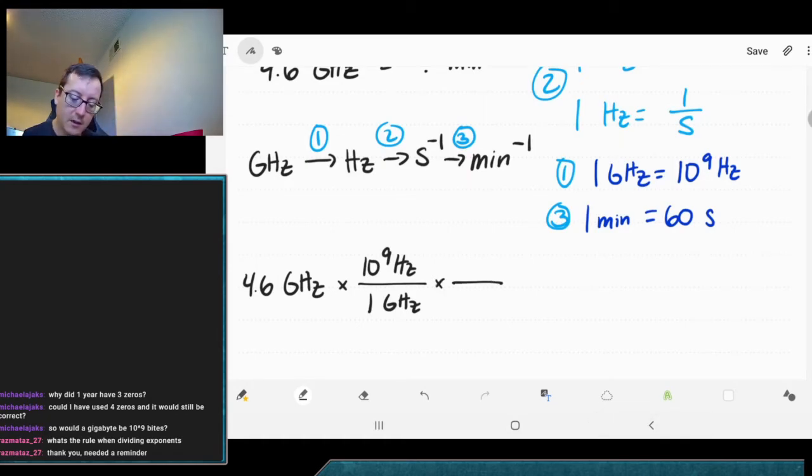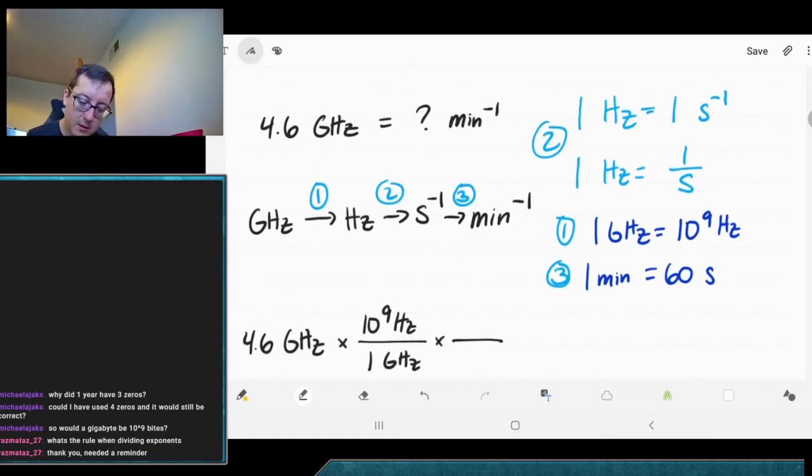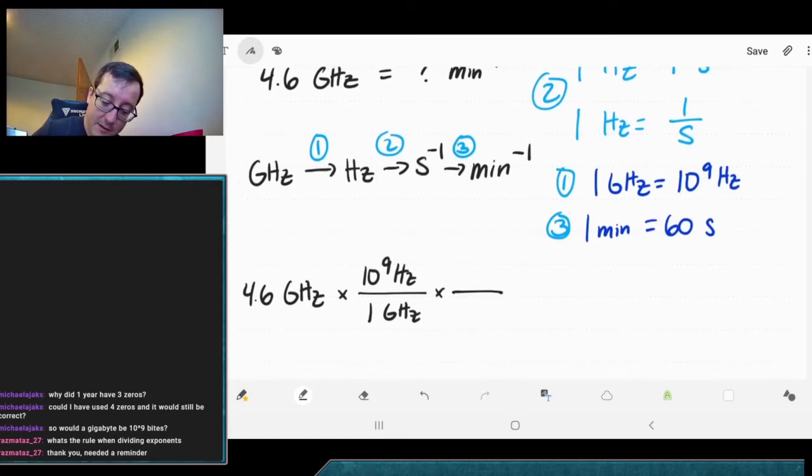And then we can say, okay, we've got this 1 hertz equals 1 over seconds, or second inverse. You can use either one. Anybody have a preference? It'll be the same either way. In either case, hertz is going to go on the bottom, right? We'll use this one.